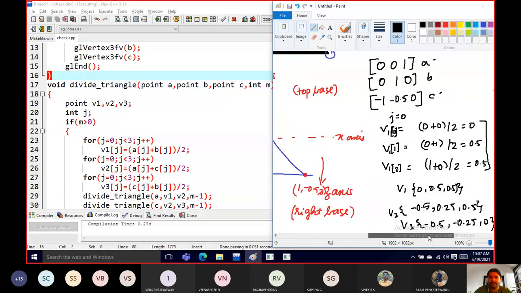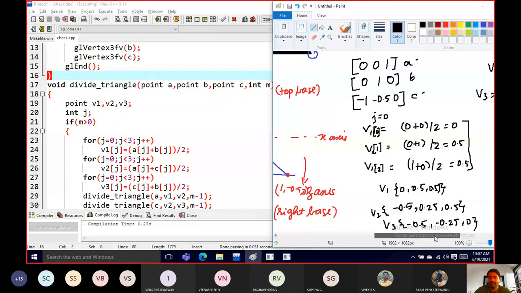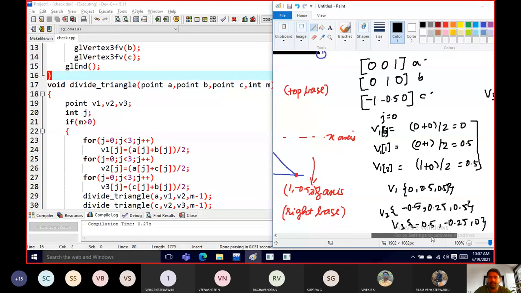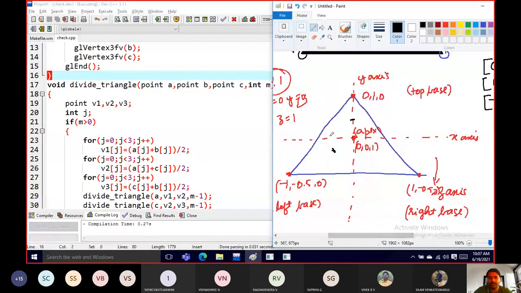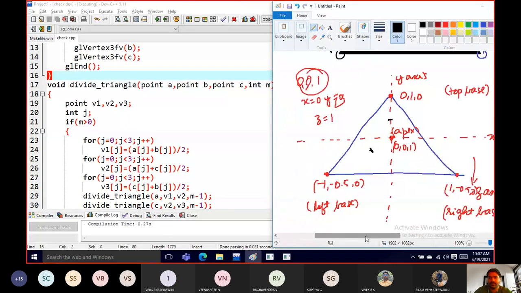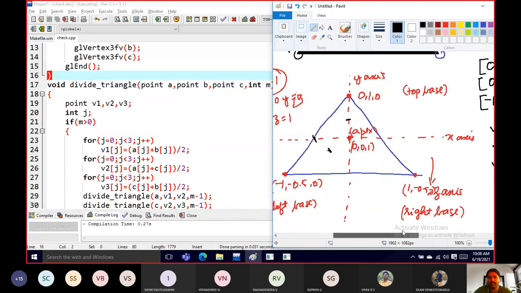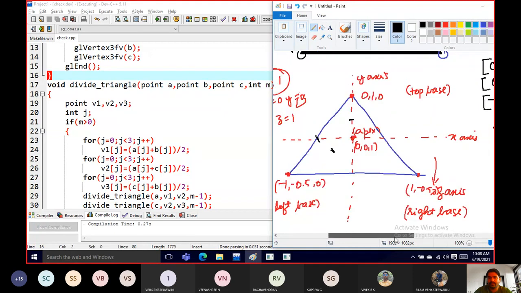All right. Next, what about the last term? V3 is minus 0.5, minus 0.25. Then what about the z value? Z value is 0. That means this will be the axis. This will be the value because x is, this is 1, this is minus 0.5, and anyhow z is 0.